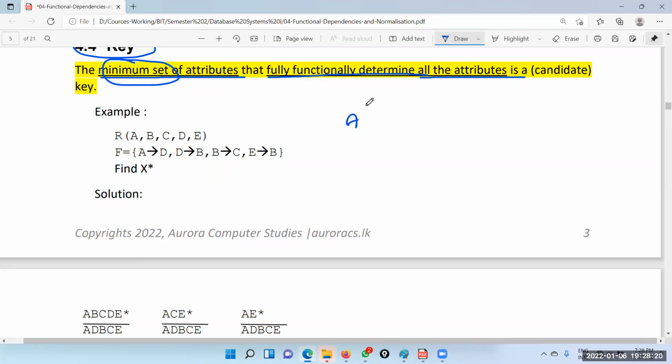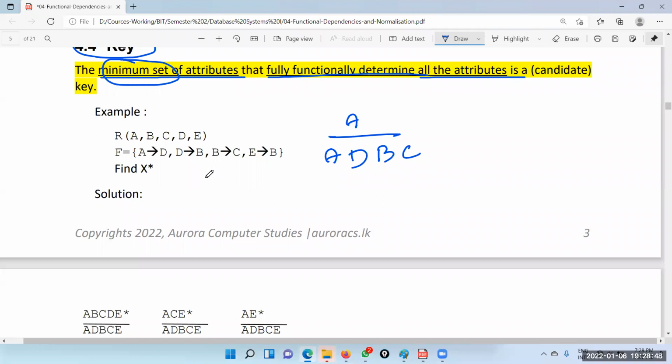Say A, we want to find the A closure. Let's have just A. Then write down the dependencies of A. Obviously, A depends on A. Then D. Then D determines B, therefore B. B determines C, therefore C. But it doesn't give you the E.